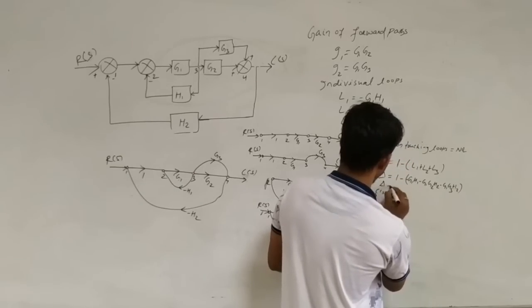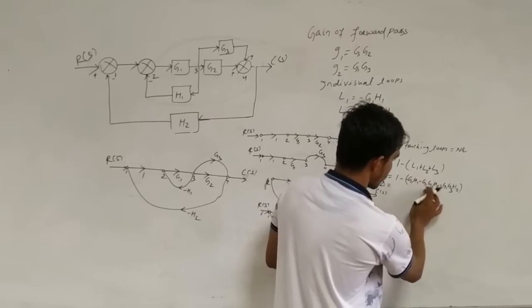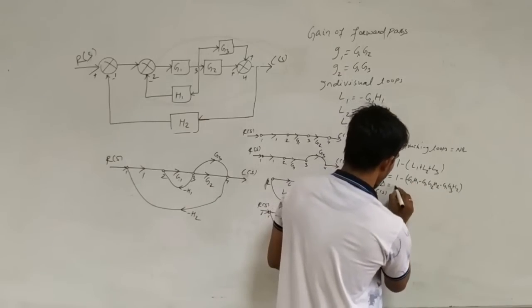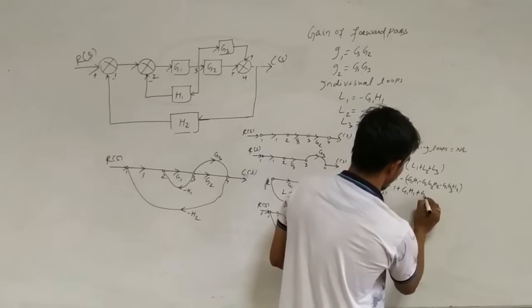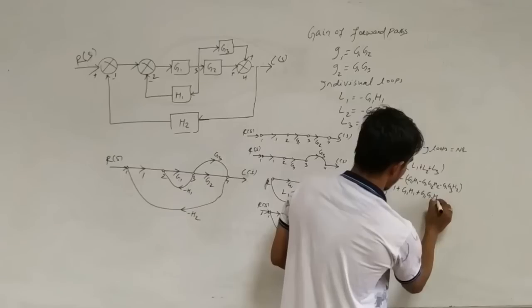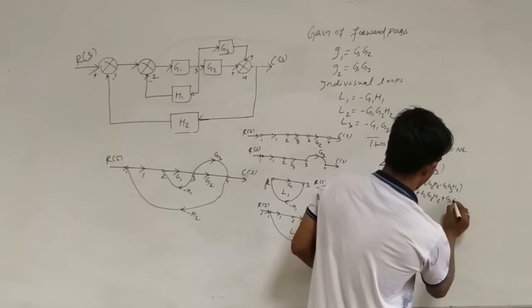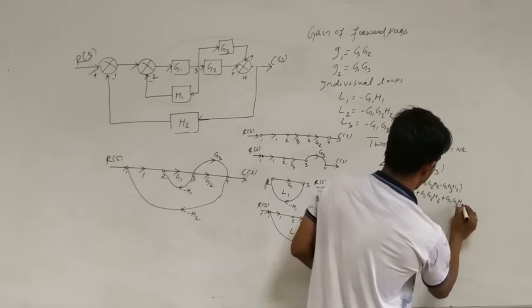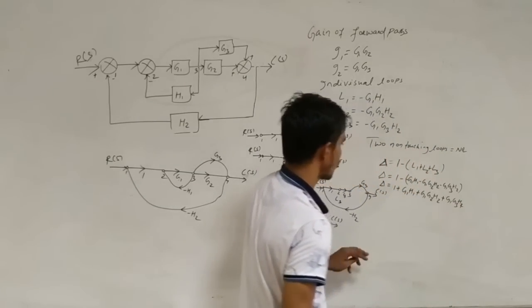All three are negative terms. So delta equal to 1 plus G1 H1 plus G1 G2 H2 plus G1 G3 H2. Okay.